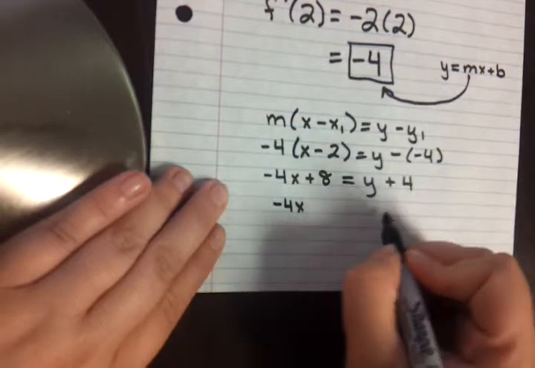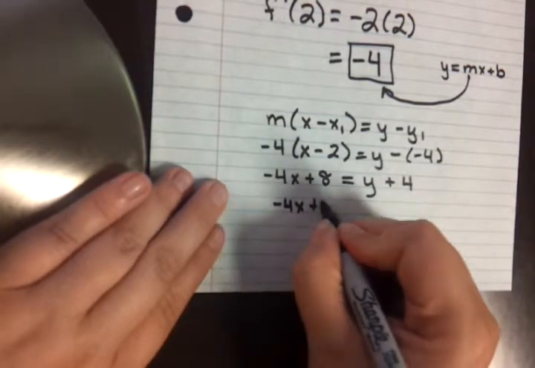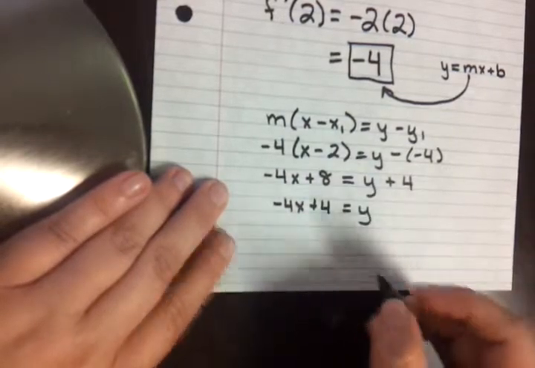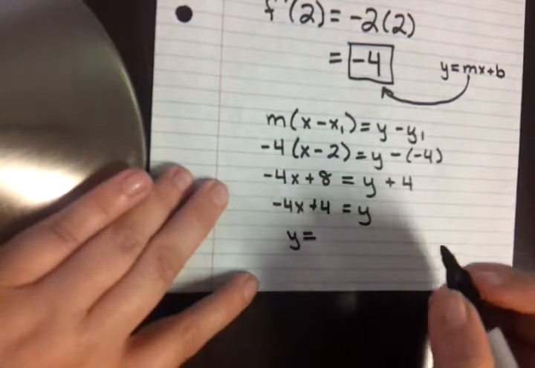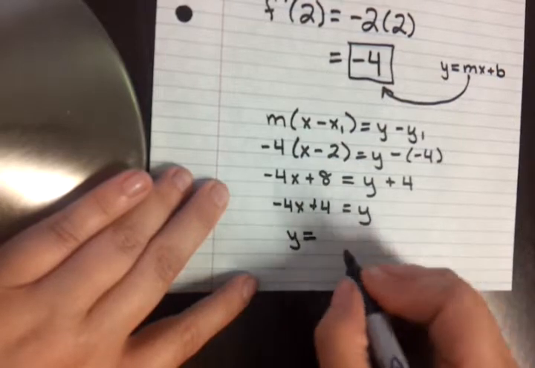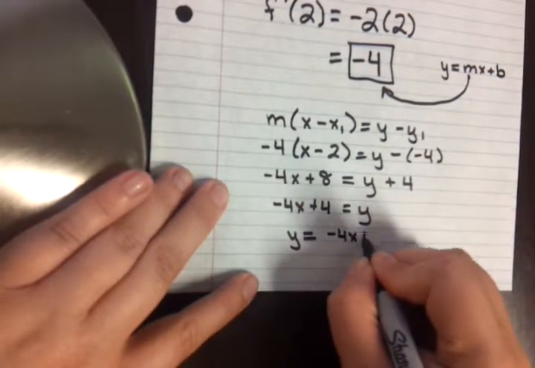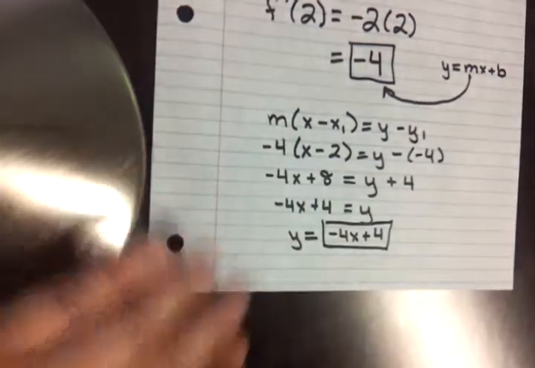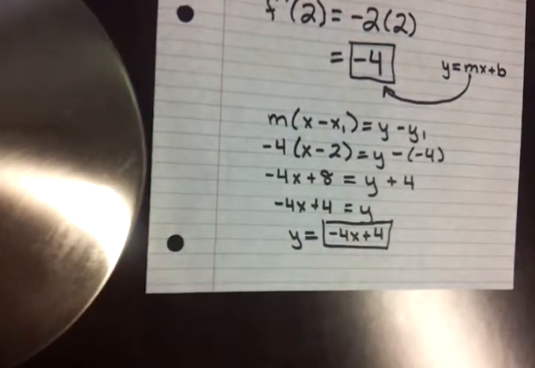That positive 4 I'm going to subtract. That's going to give me a positive 4 over here. 8 minus 4 is 4. And that equals y. And if you put it in the format that they've got for you to set up your answer, y equals negative 4x plus 4. And this is what you put in the box. You don't want to include that y equals because they've already got that there.